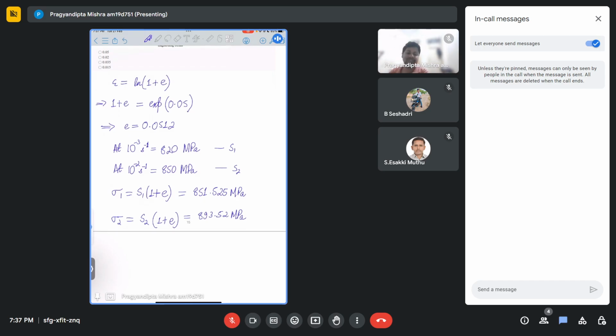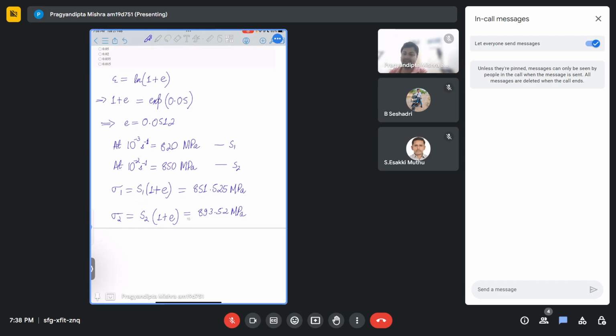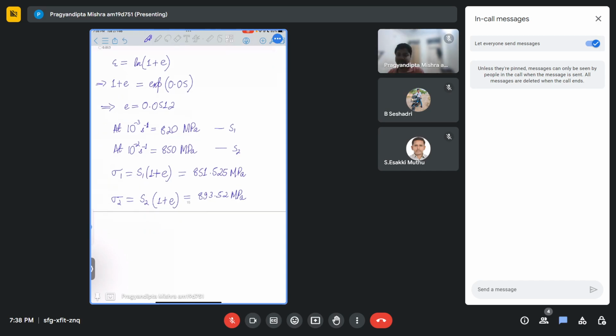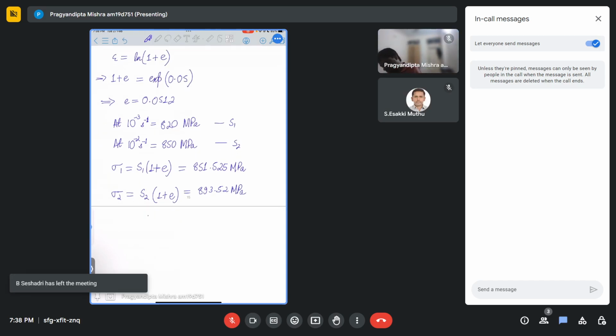We know how the flow stress is related to strain rate, right? So using that relation, we can write sigma is equal to C times epsilon dot to the power m, right?